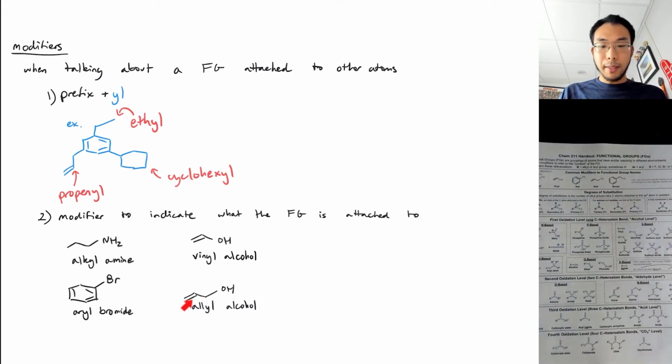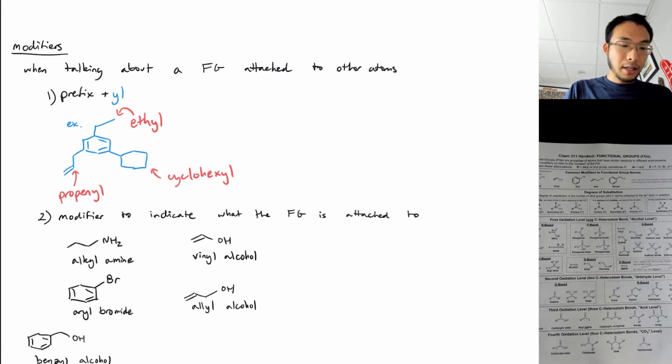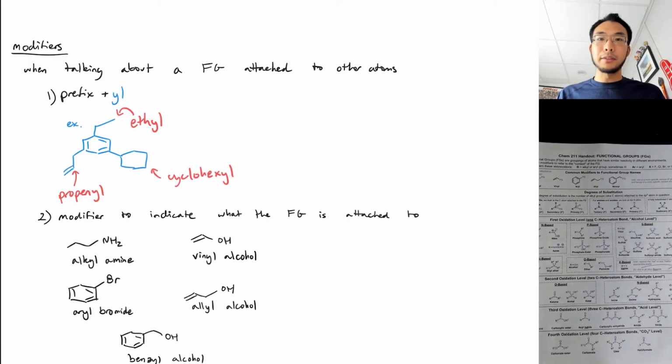When there's a skip, so there's a double bond, but then 1 carbon between the double bond and the functional group, that is called an allyl situation. So this is an allyl alcohol. And for benzene, we have this unique situation where if there's a CH2 between the functional group and the ring, that's a benzyl alcohol.